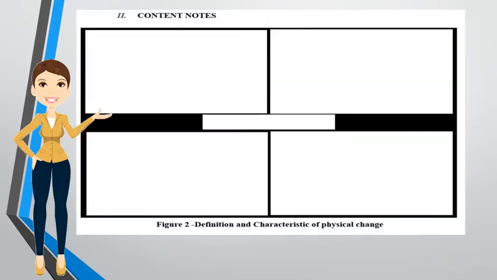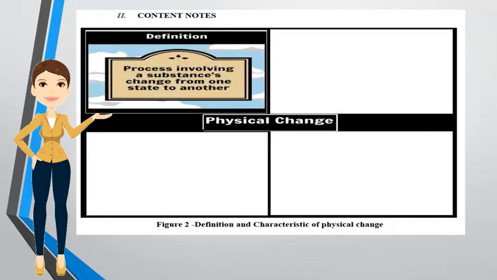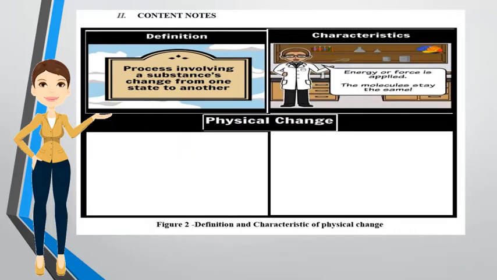Next, you are going to see content notes on your SLK, wherein we are going to define physical change. So, in definition, it is the process involving a substance changing from one state to another, as its characteristics remain intact, or the molecule stays the same even though energy or force is being applied.